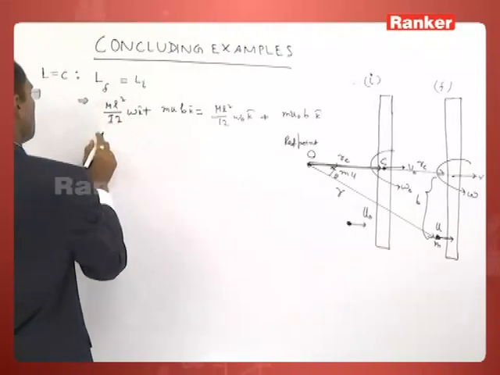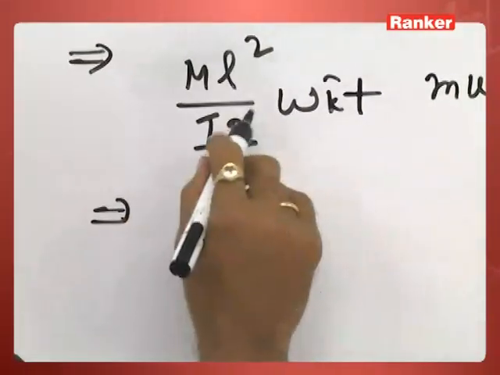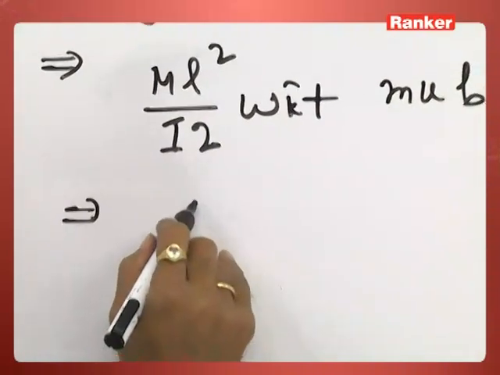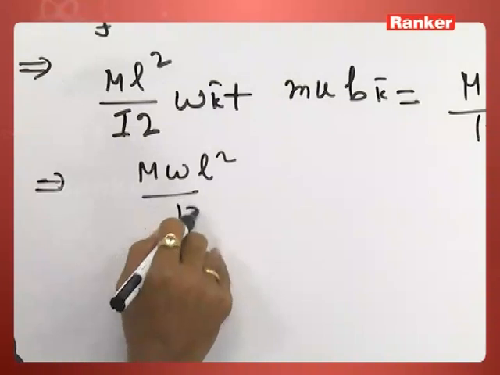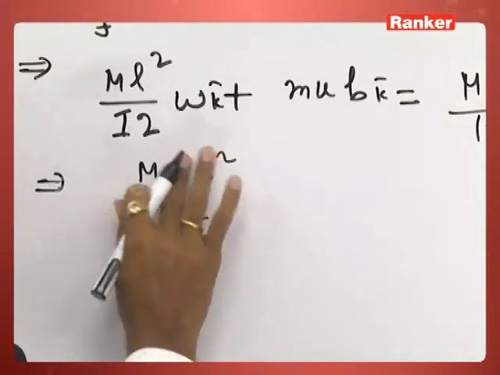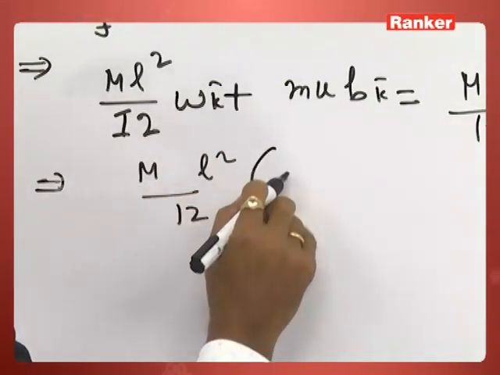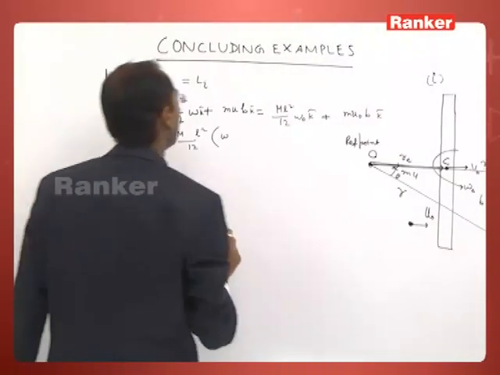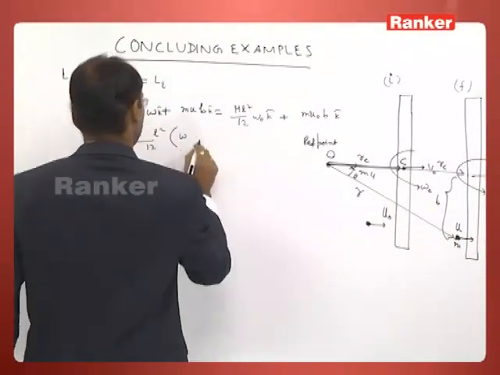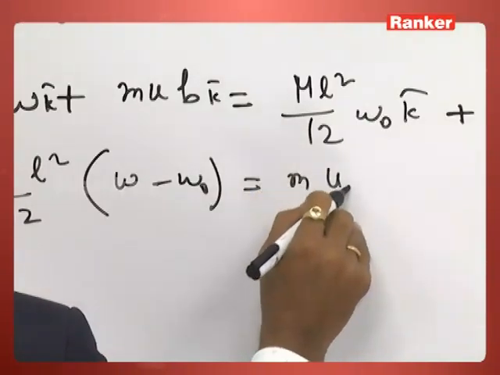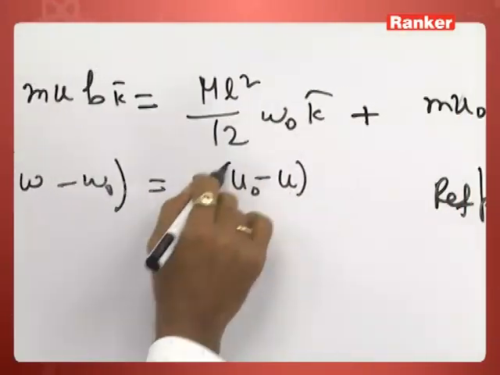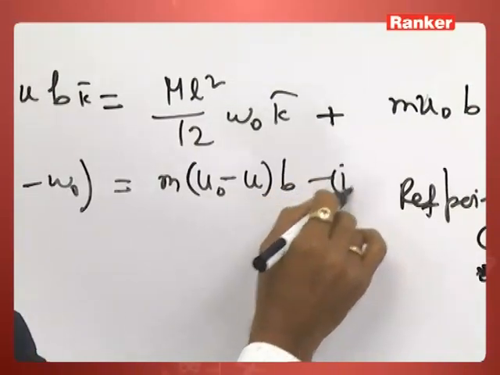So the next step, M L square by 12 into omega minus omega naught is equal to small m into u naught minus u into b. Equation number 1.